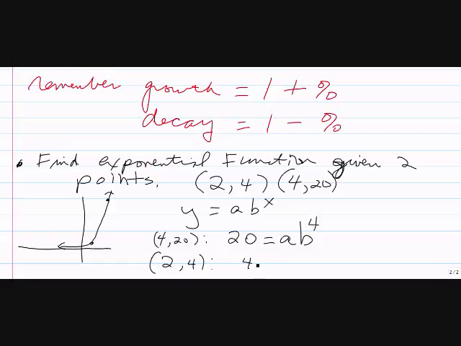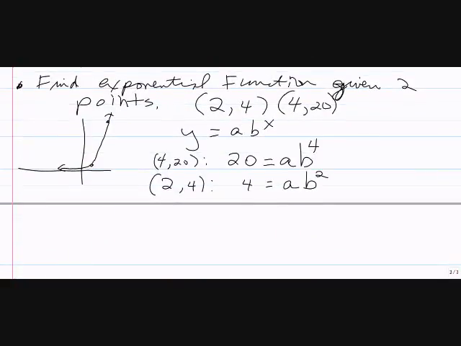And I get 4 is a times b to the 2nd power. Now here's where I do something a little bit tricky. I make those two equations and I turn them into a ratio. And I get 20 divided by 4 is 5.